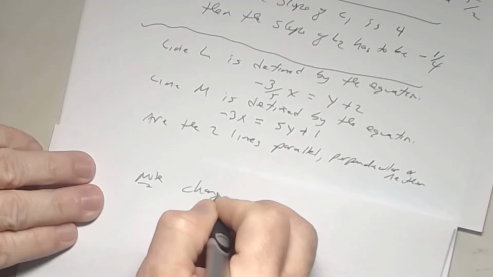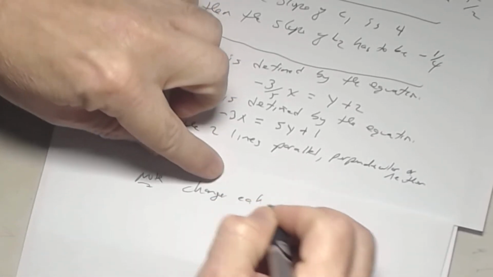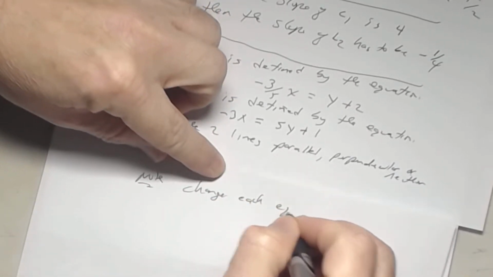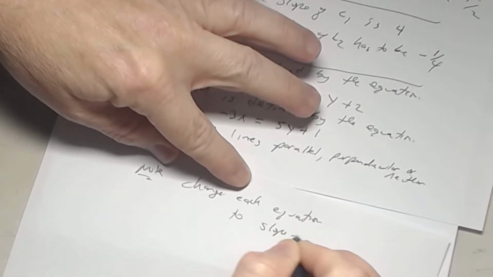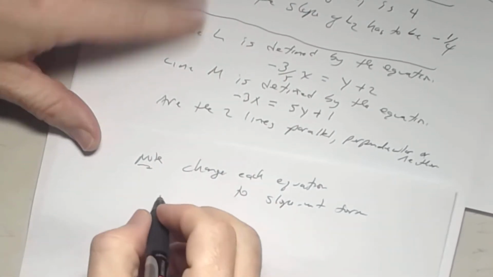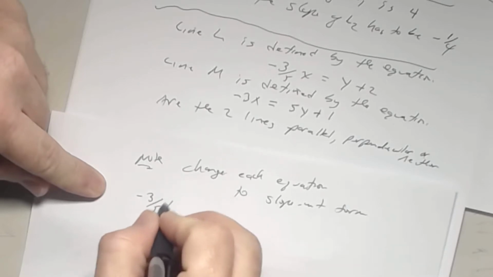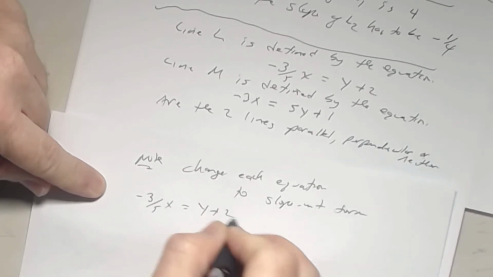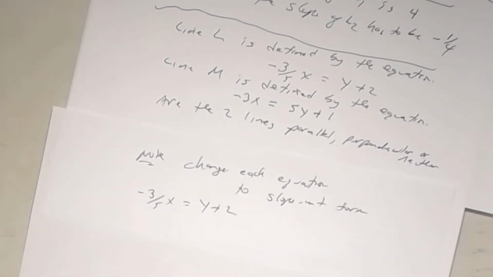So note, change each equation to slope-intercept form. Okay? All right, so here we go. So the first one's this, negative 3/5 x equals y plus 2. So I got to get y by itself. So all I got to do is what?